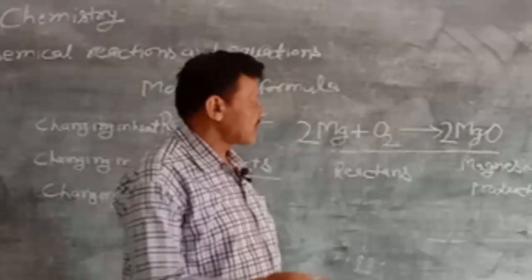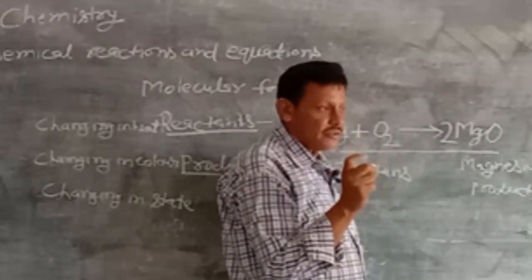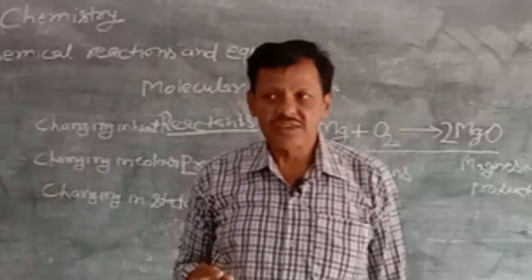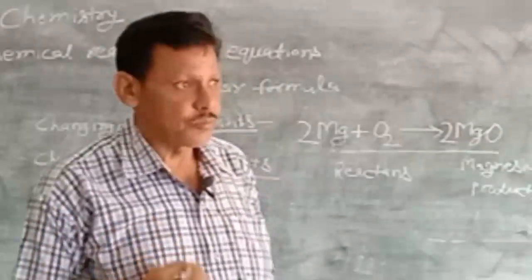If there is a single product, here we see a single product, magnesium oxide, but in some other cases a number of products are formed.